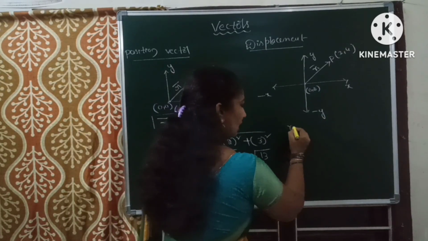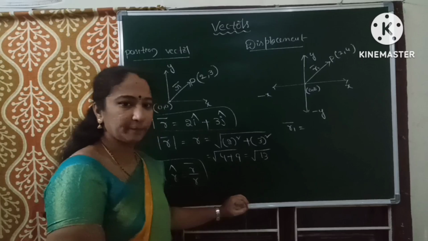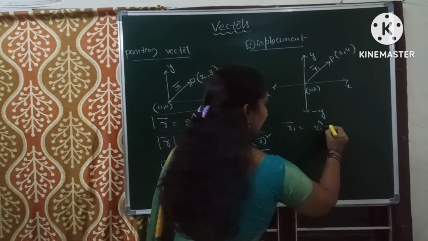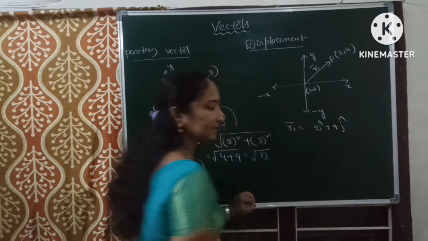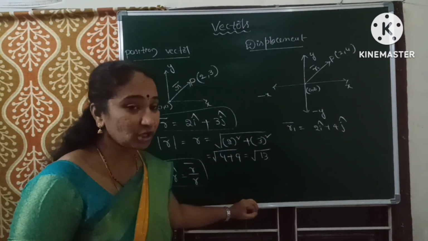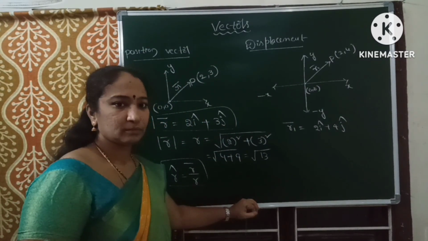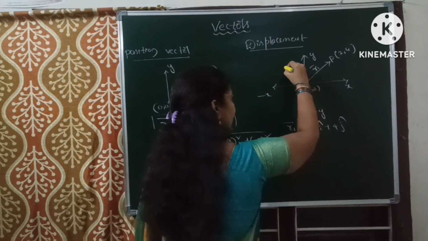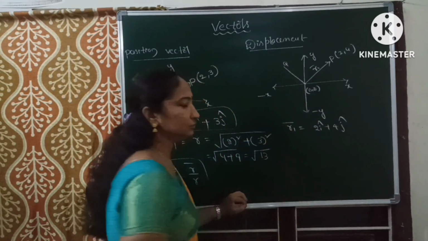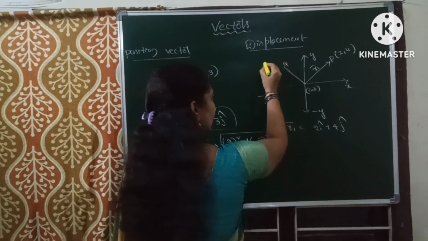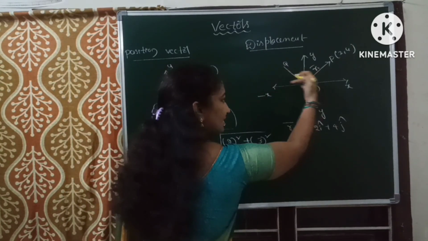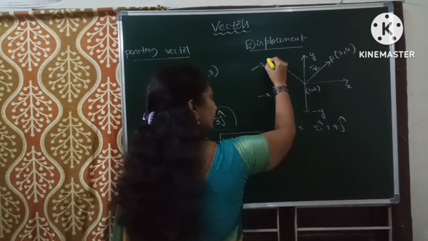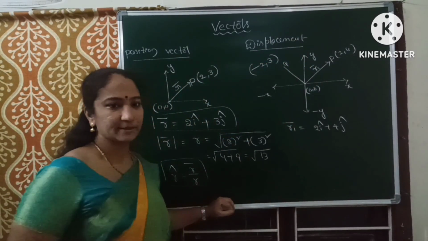Just now we discussed r1 bar; the physical vector representation is simply 2 units along x axis plus 4 units along y axis. 2i cap plus 4j cap is the position vector. Now the second position from the same origin, for example it is Q. For example, it traveled minus 2 units along negative x axis, and along positive y axis it traveled 3 units.